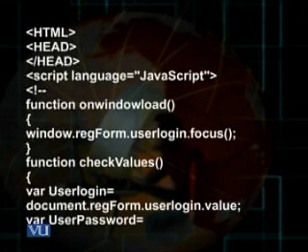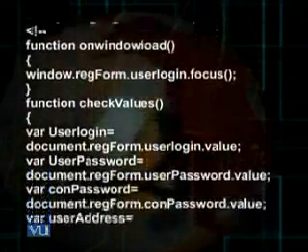variables here where userlogin equals document.regform.userlogin.value. You are now familiar with this concept. We used that in the calculator. It means that the value the user types in the text box called userlogin should be assigned to the variable userlogin.